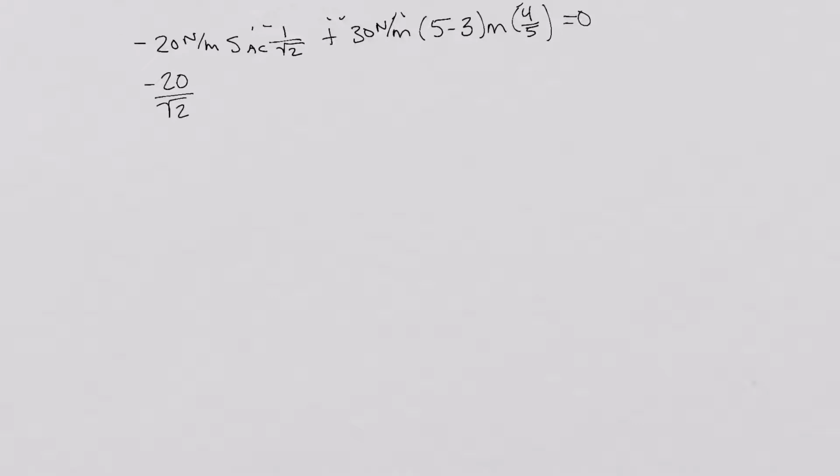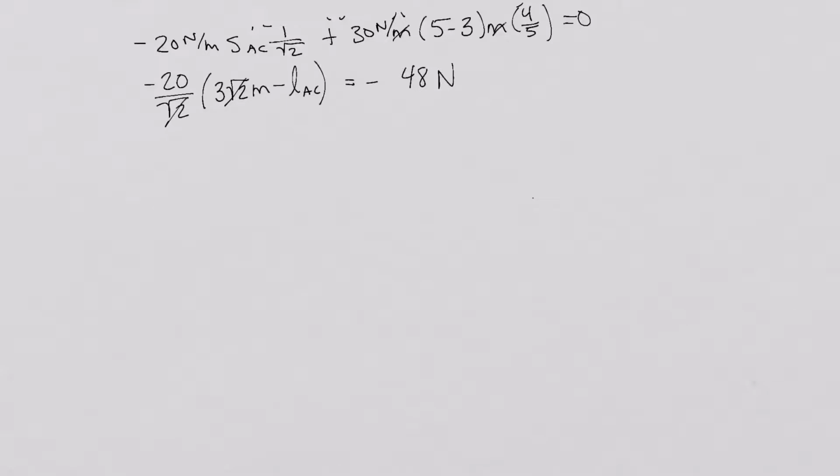We don't know the original length, but we know the final length is 3 square roots of 2 meters minus the original length of AC, and that equals negative, I'm going to go ahead and multiply this out, 30 newtons per meter times 2 times 4 divided by 5. So we get negative 48 newtons. The meters cancel out.